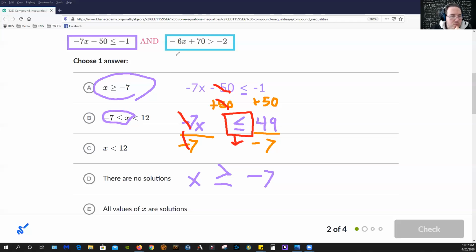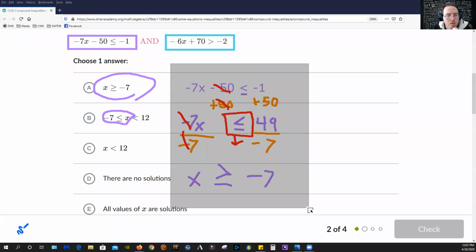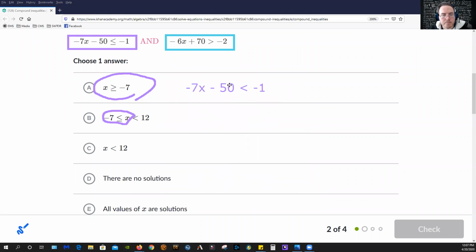So I guess what we've got to do is try this teal one to see if it's less than 12. Let me go ahead and type it out. So negative 6x plus 70 is greater than negative 2.